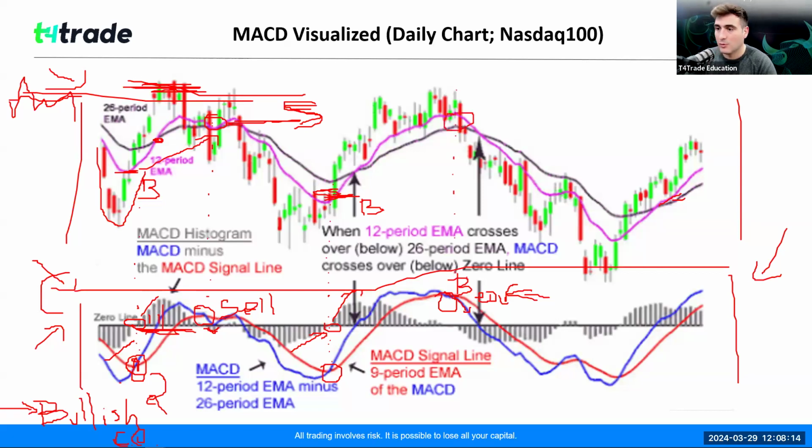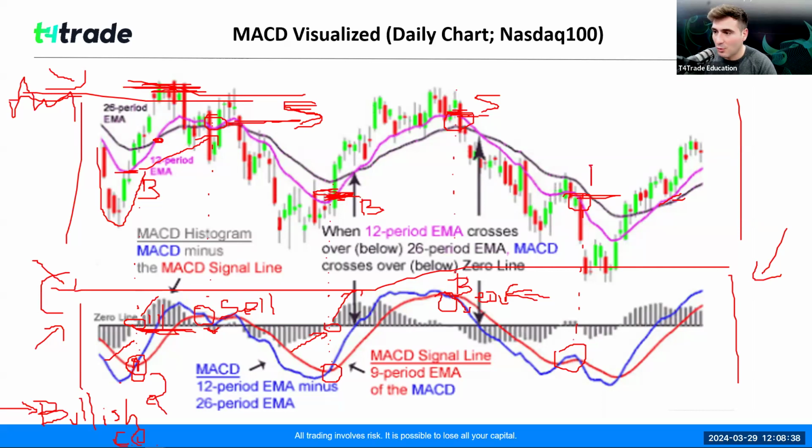Let's assume you went long here and covered your position here. Once again, long here, short here, close the position, and then you go short once again and look for the next crossover, which, let's assume, was somewhere in here. So cover the position by going long.